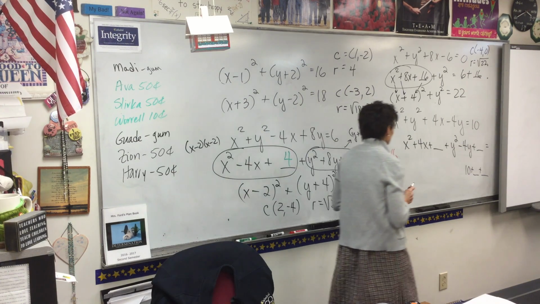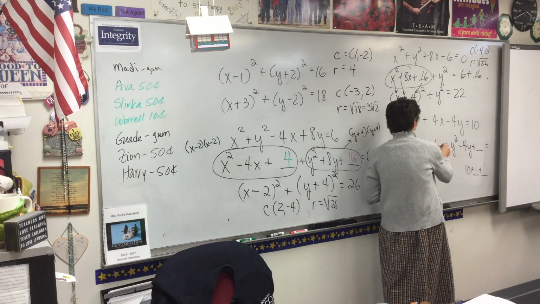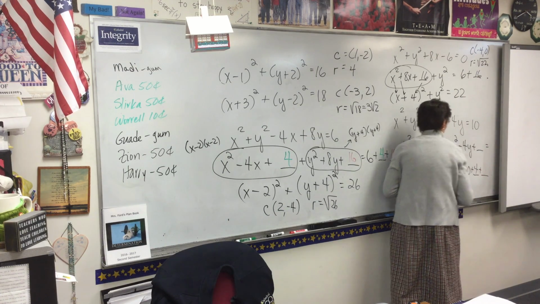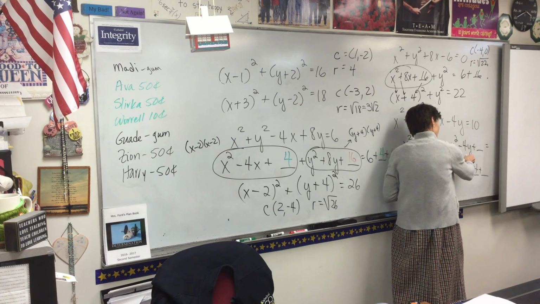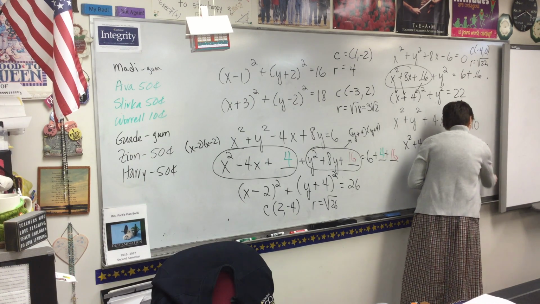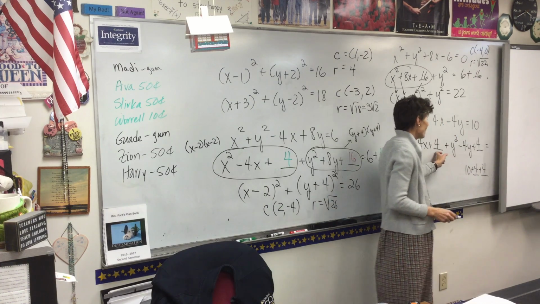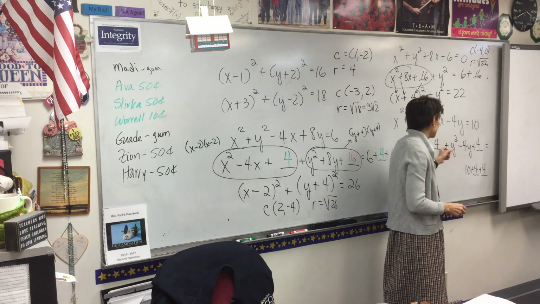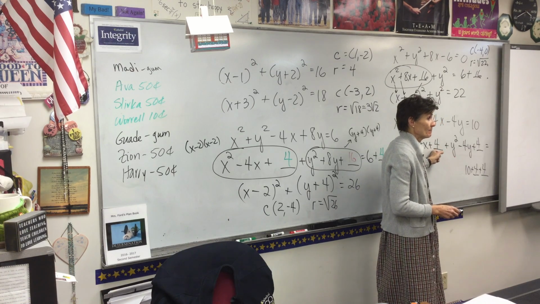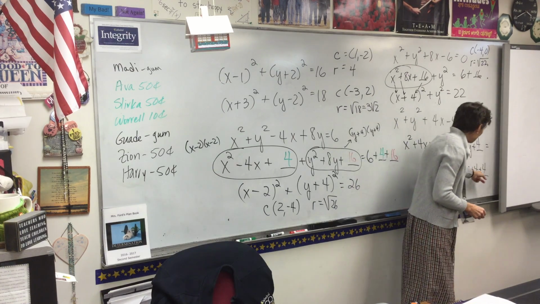So, what goes here? 4. Both sides. What goes here? 4. Now remember, how do we get this number? We take half and square. Is this ever going to be negative? No. That's why I keep putting plus signs.